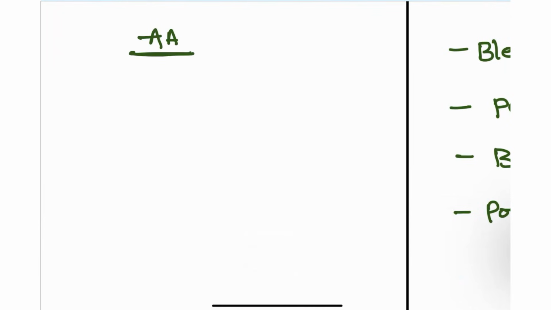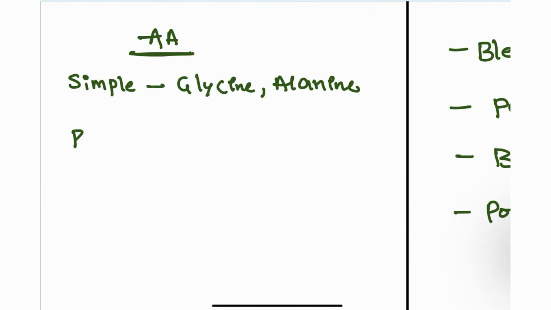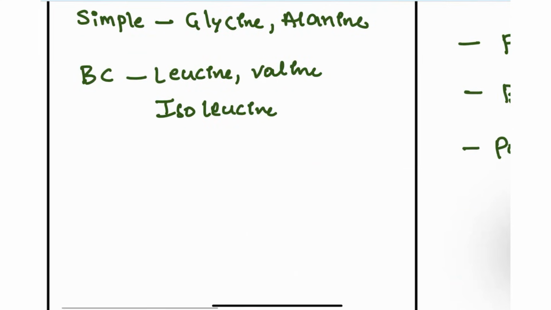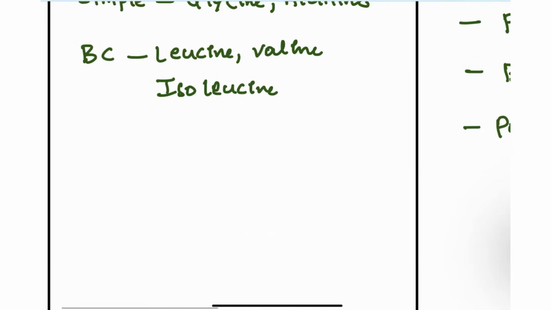Amino acids classification. Let's see. The simple amino acids are glycine and alanine. And branched chain, we know, are leucine, valine, and isoleucine. Those are the branched and these are the simple. Next, sulfur-containing amino acids.